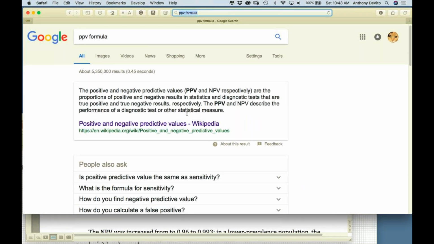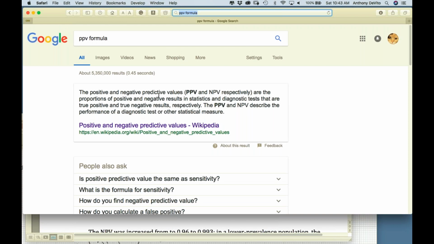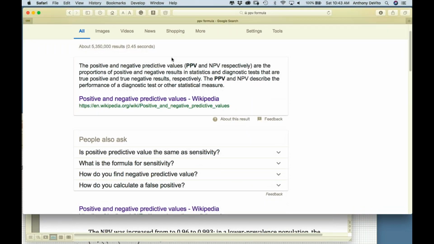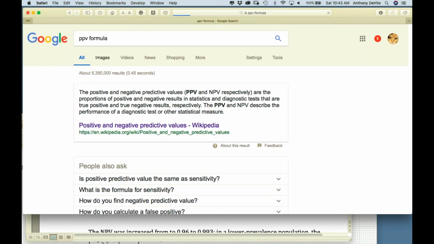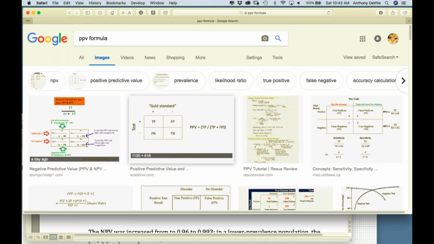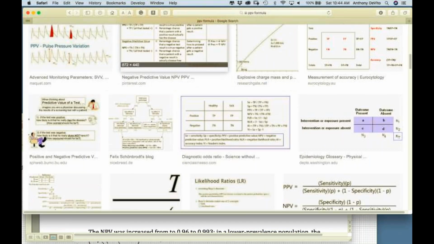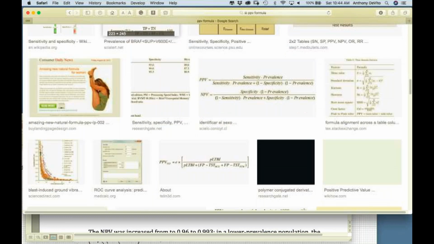You also have a situation where you can have a formula for negative. Let me look in images, probably my best bet. Let's see, where is it? I'll provide you with the formula.